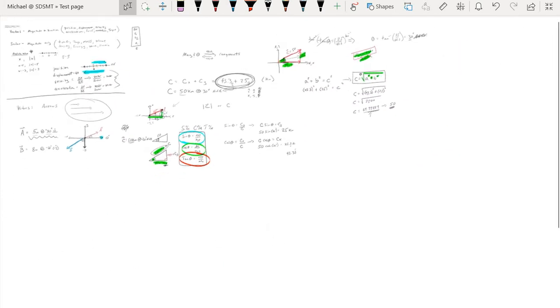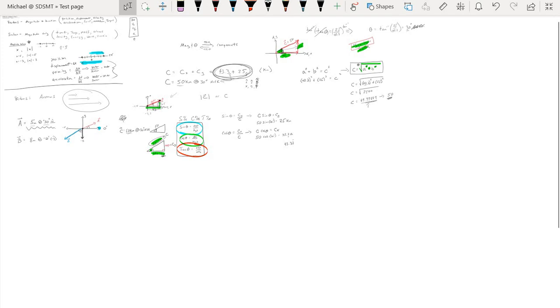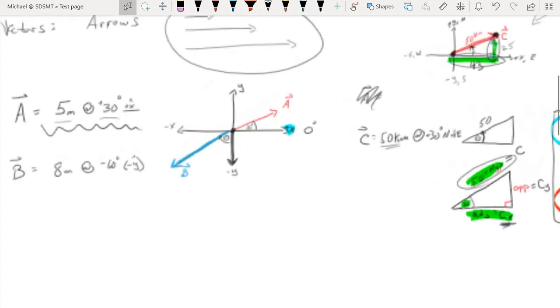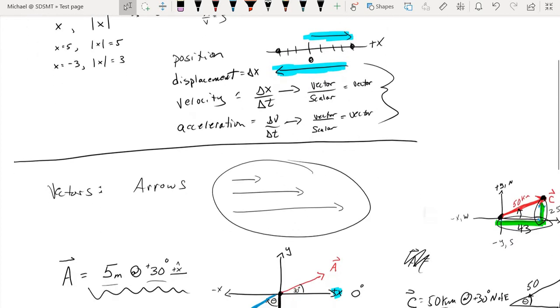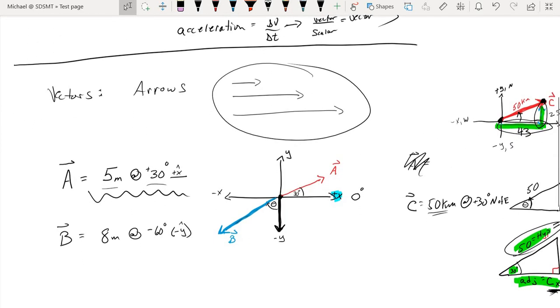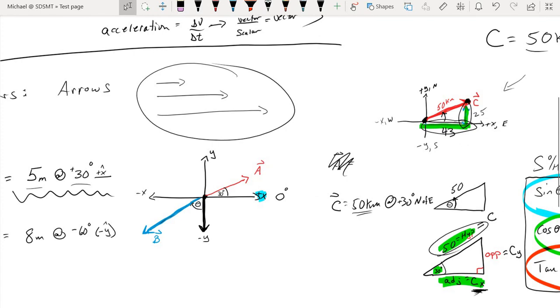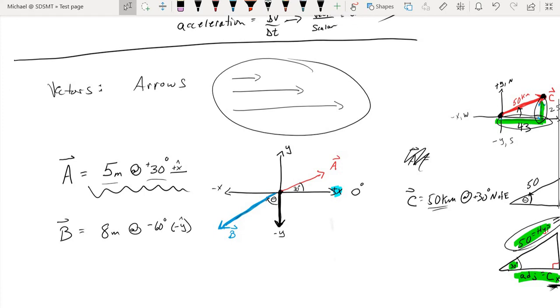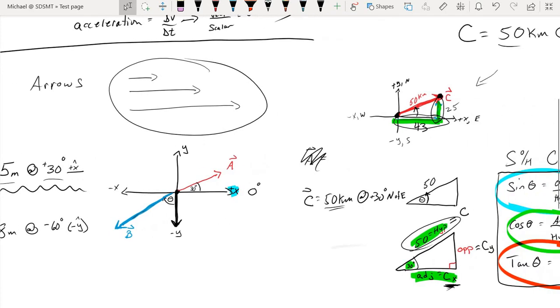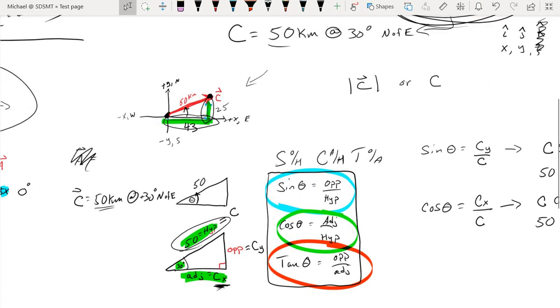So we are going to end our video for today right there. We have learned the defining aspects of a vector. We have to have both a magnitude and a direction. We've learned that we're going to denote vectors as arrows, at least in our drawings. But then we have two different ways that we can describe the vectors mathematically.